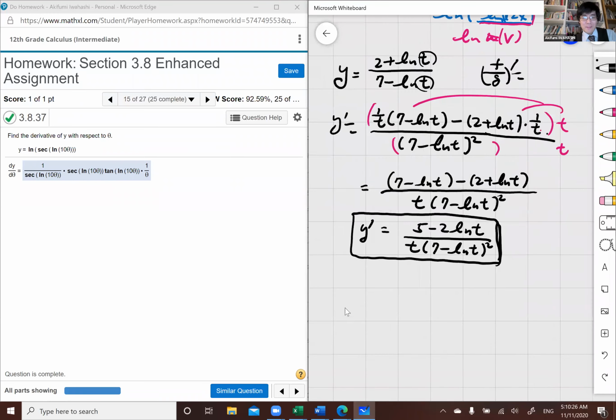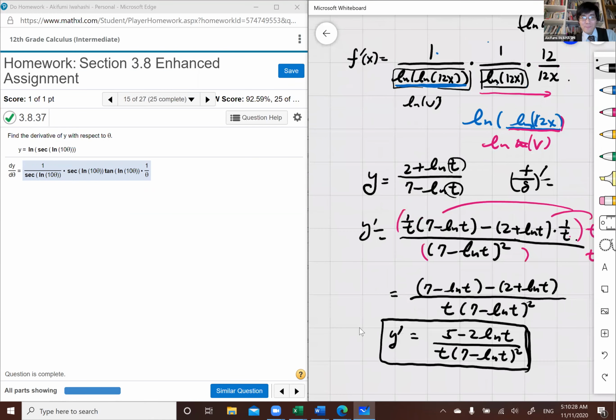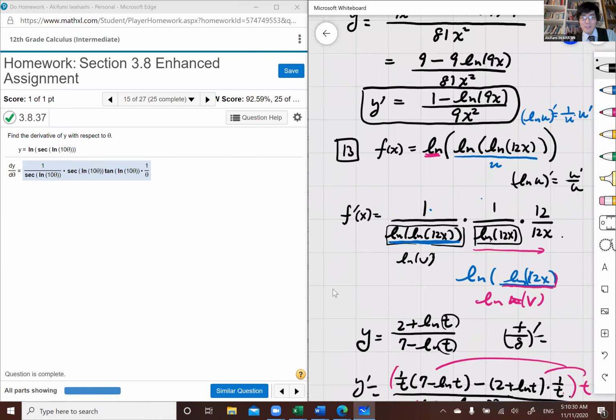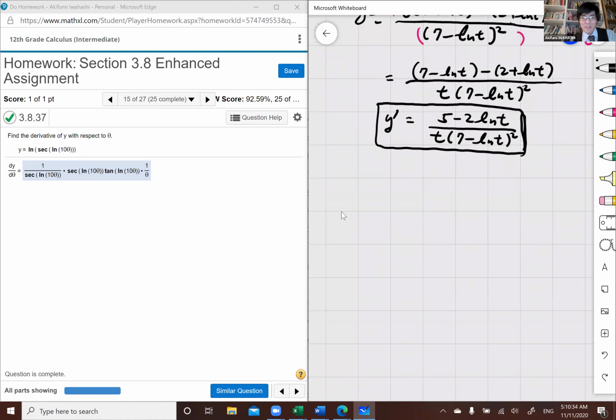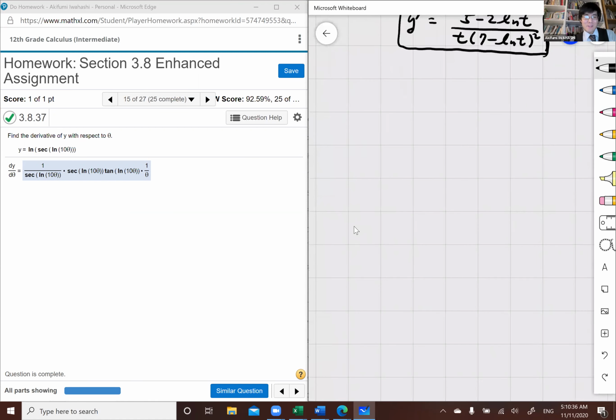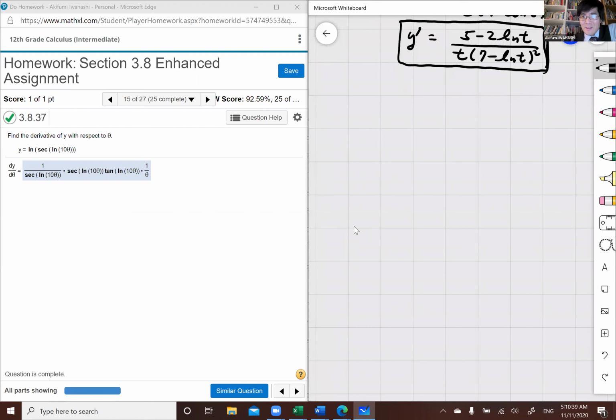Okay, this one is very similar to the one before, number 13, ln of ln of ln of something. So it's a kind of composition of ln three times. Now you have just a secant in between, but it's still just compositions. So y is equal to ln of secant of ln of 10 theta.